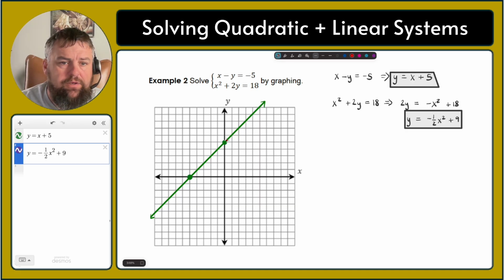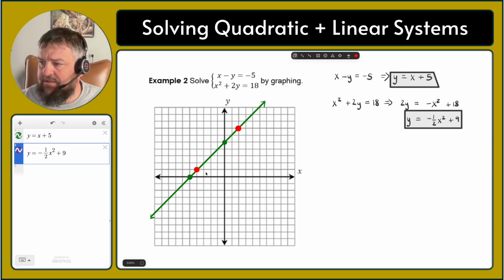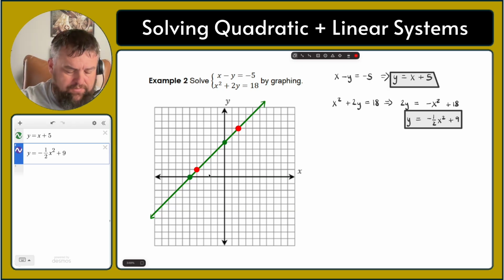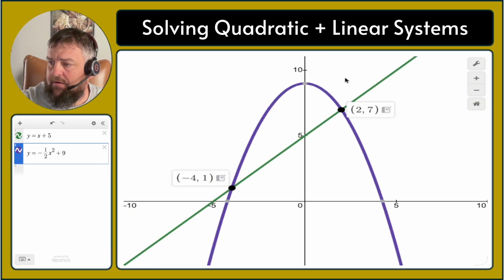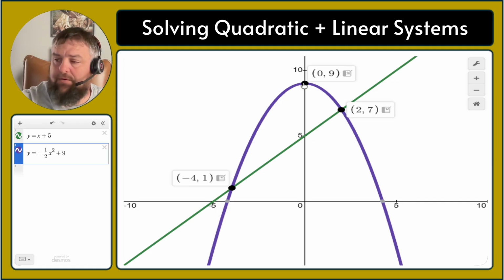Okay, so we're going to have a point at 2, 7. So there's a point right here. This is my intersection. And we also had negative 4, 1. Okay, and then the vertex is going to be at, looks like 0, 9. There we go. So I'm just going to plot the vertex on this one.